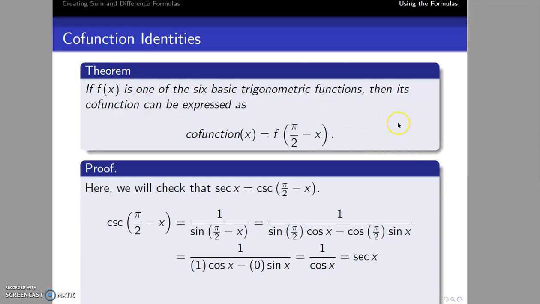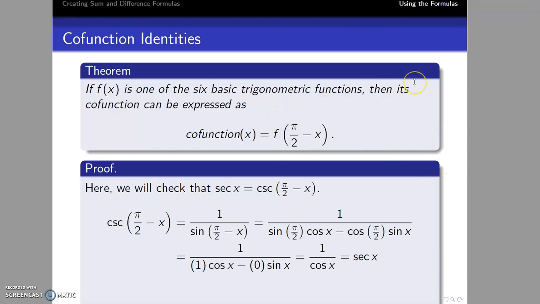The theorem states that if you have any of the 6 trigonometric functions, so say if your function is sine, then its cofunction, in that case being cosine, can be written as sine of pi over 2 minus x. If your trigonometric function is cotangent, then that cofunction, which would be tangent, we could write as tangent of x equals cotangent of pi over 2 minus x.